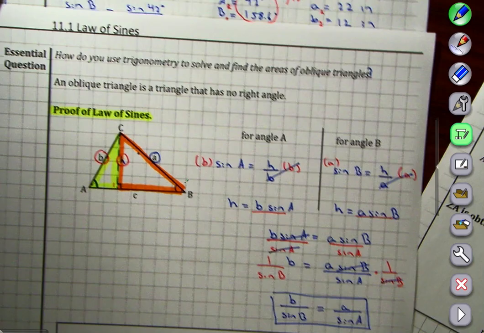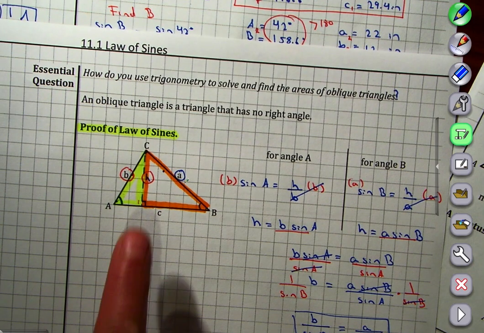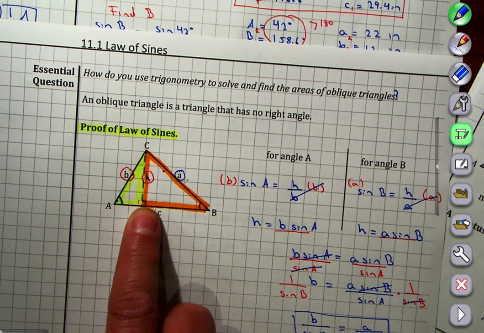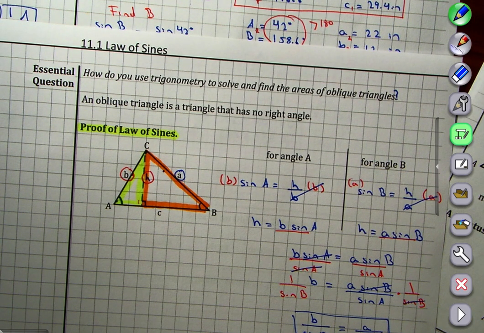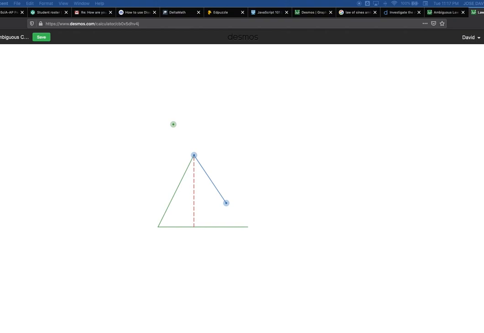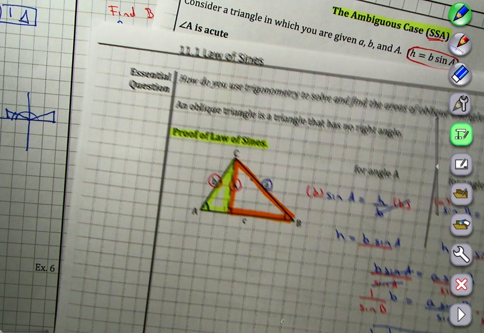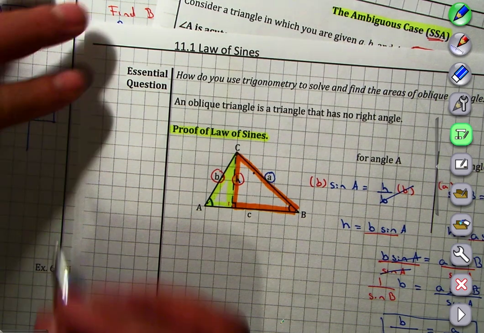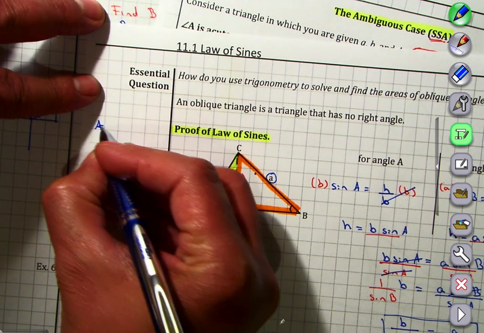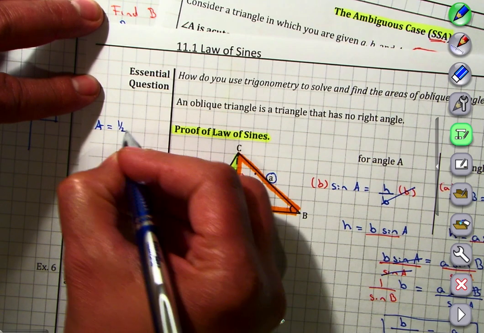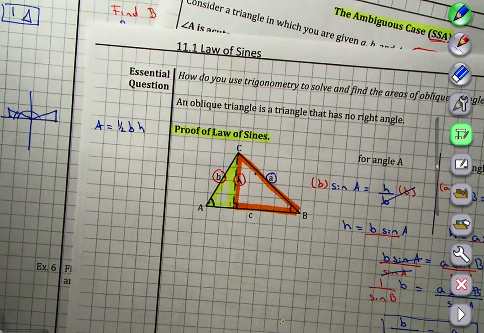So what we're going to do, to be able to find the height, if you guys remember, what is your formula for the area of a triangle? It is equal to 1/2 base times height.